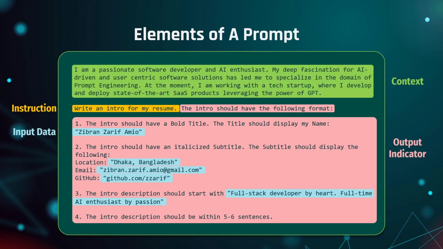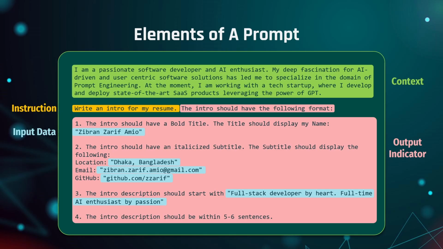We told ChatGPT before you complete my instruction, before you follow the particular format of my instruction, before you deal with the input data, you should keep this context in mind, right? So context is basically what?